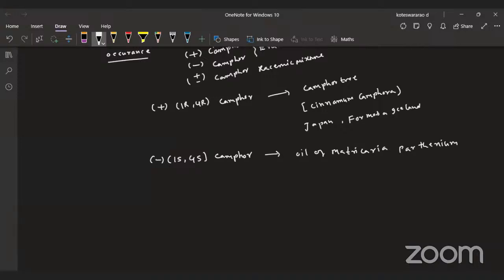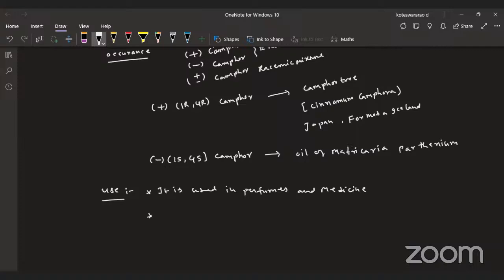Next, what are the uses of camphor? It is used in perfumes and medicines. It is an ancient medicine. And also in chemistry, it is especially of general use.